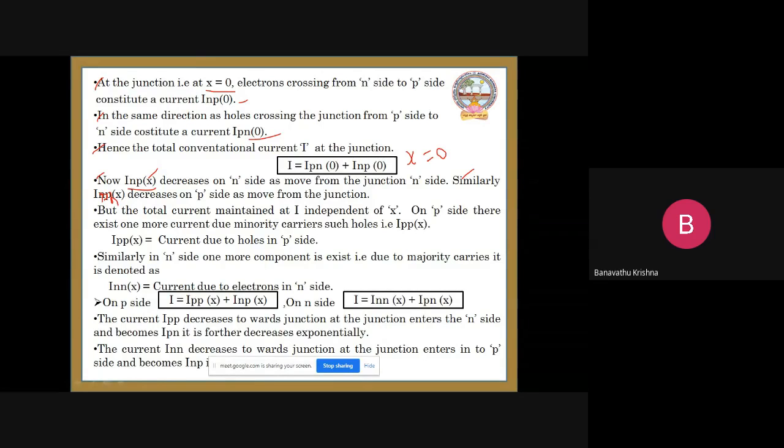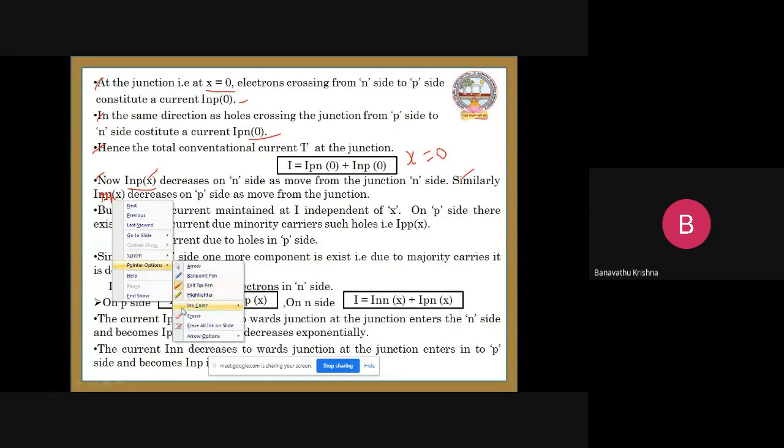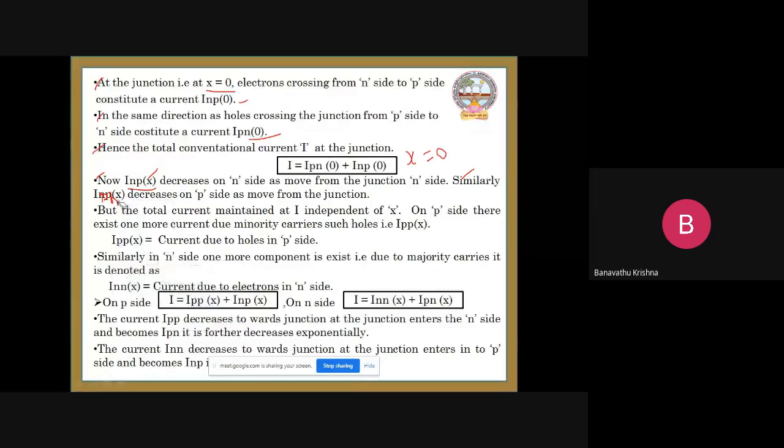The electron current on the P side decreases as we move away.